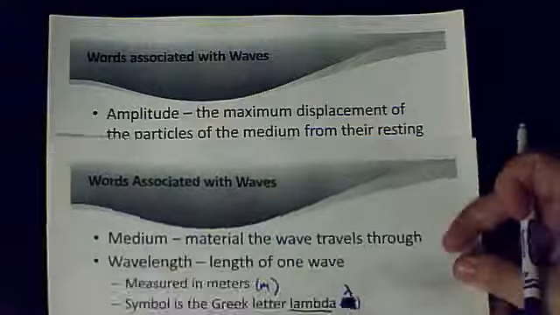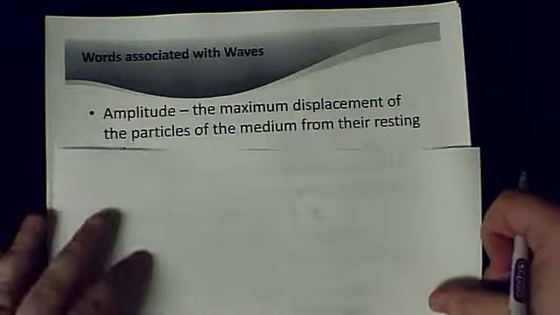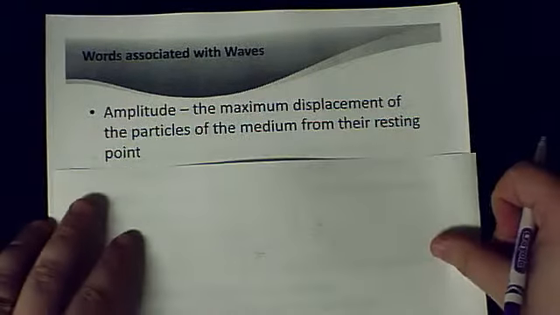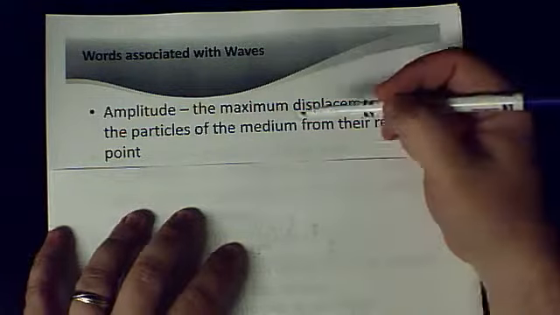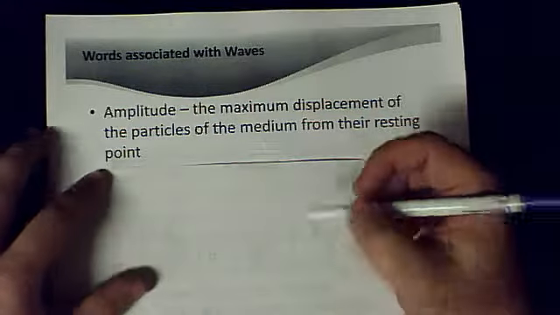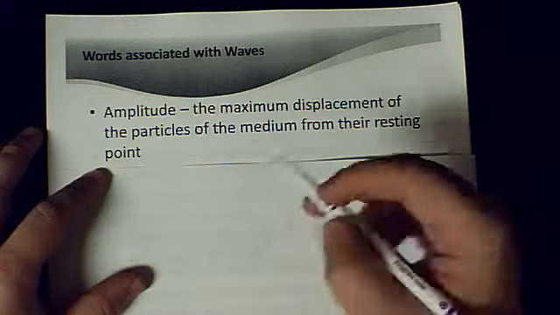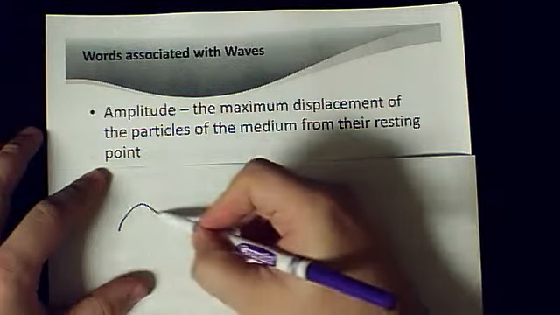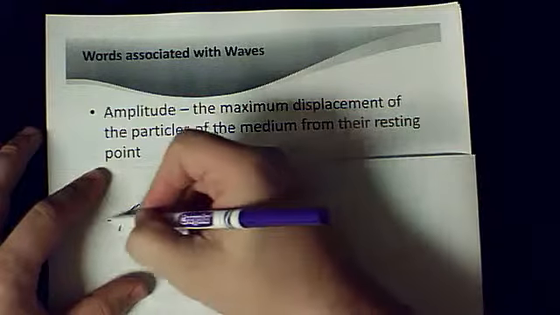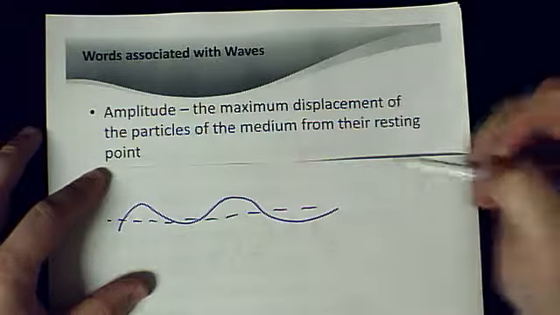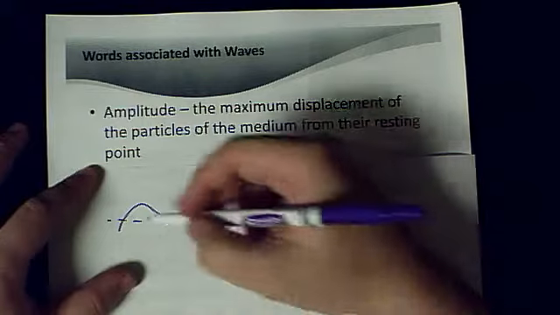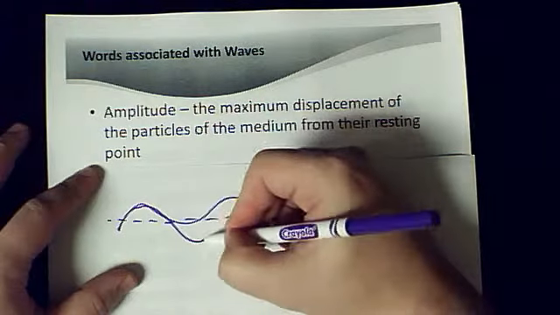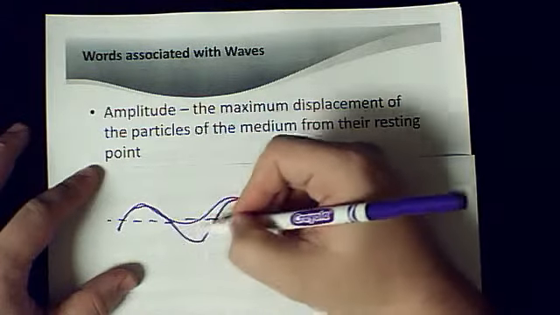Alright, so let's do some more words that deal with amplitude. It's the maximum displacement of the particles of the medium from their resting point. So the amplitude, again, if I draw this wave, the resting point or equilibrium point is that dotted line, and I didn't draw that very well because it will go just as high above as it does below.